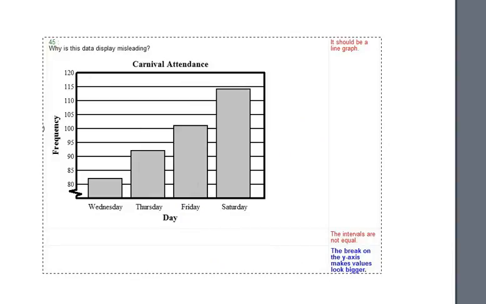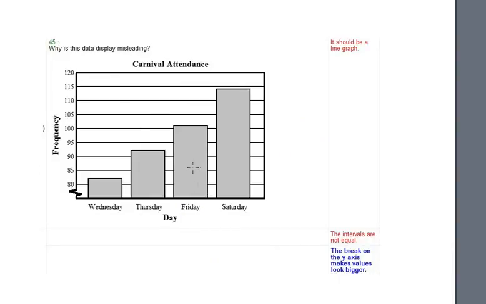Okay, so this one says, why is this data display misleading? If we were just to look at this randomly, we'd go, wow, look how big this Saturday thing is, but look how small this Wednesday thing is.